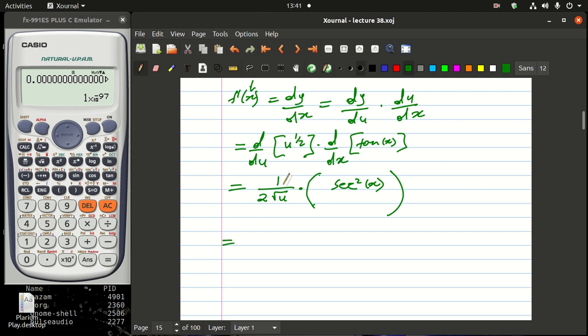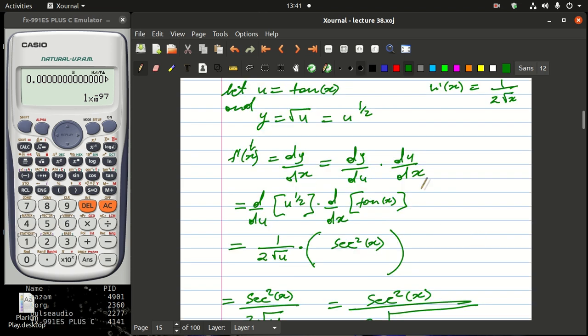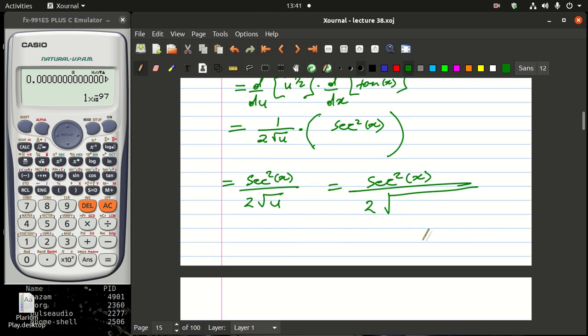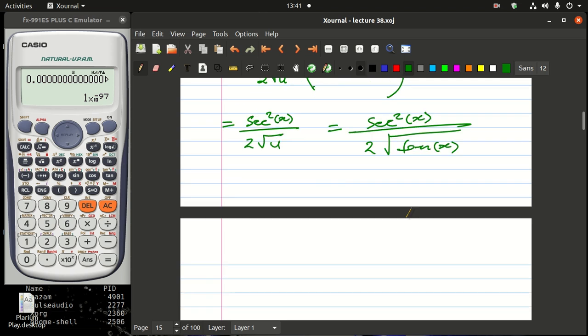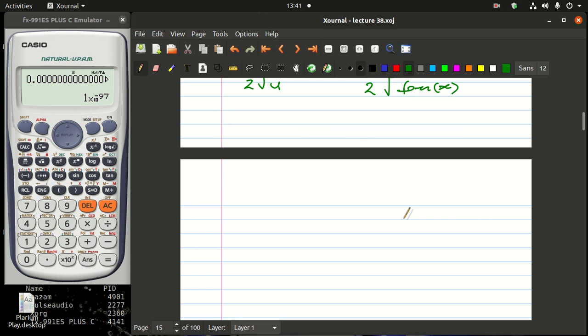So this whole thing, 1 times sec squared, is going to be sec squared of x divided by 2 root u, and in the denominator I have 2 root. What was my u? My u was actually tan of x, so I end up having tan of x inside. That's the derivative that we're actually looking for here. Now we are going to number 3.